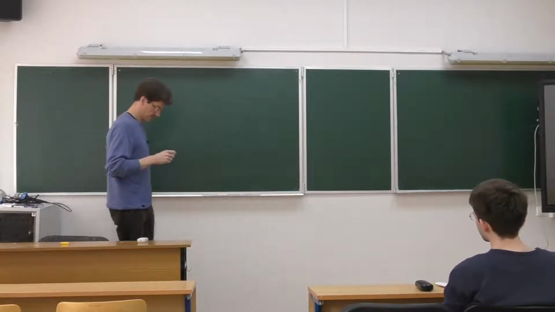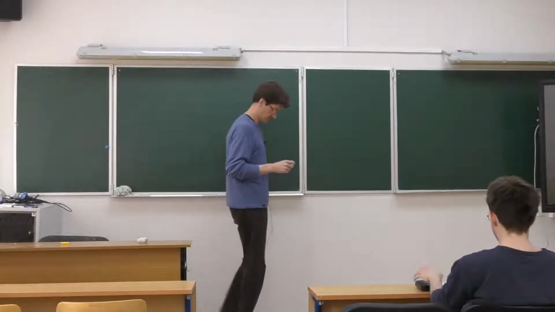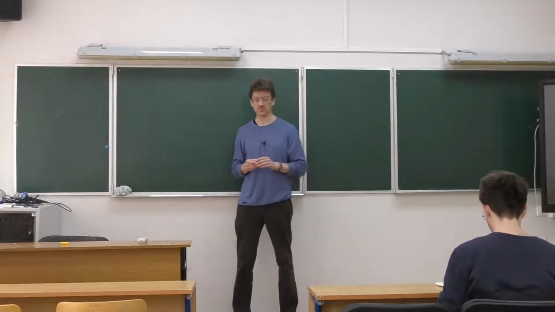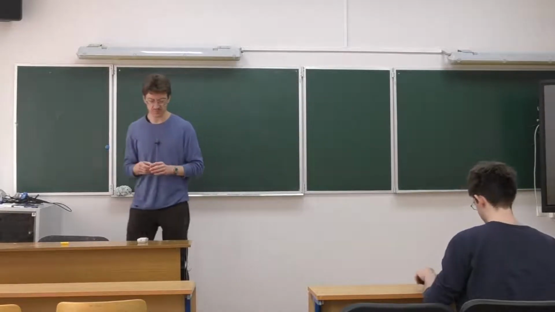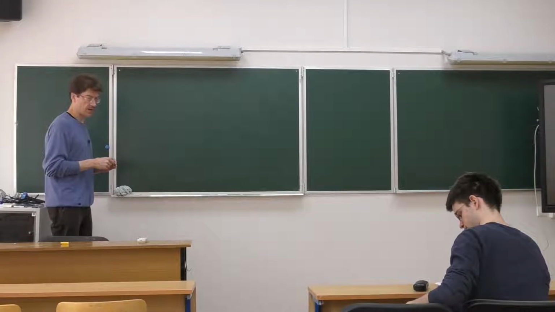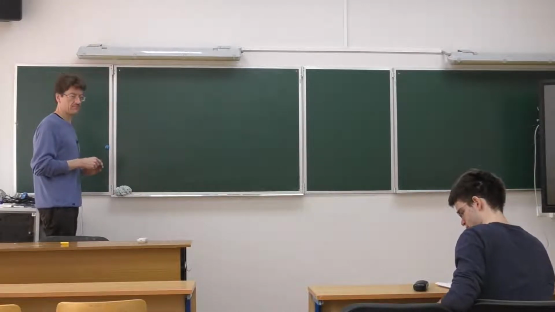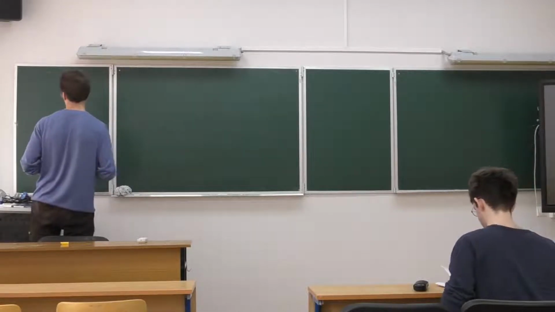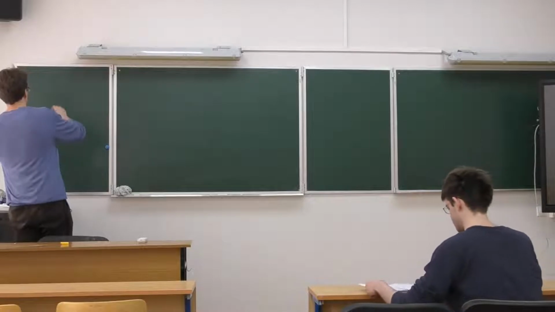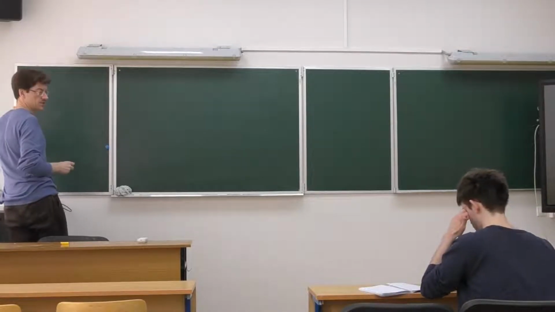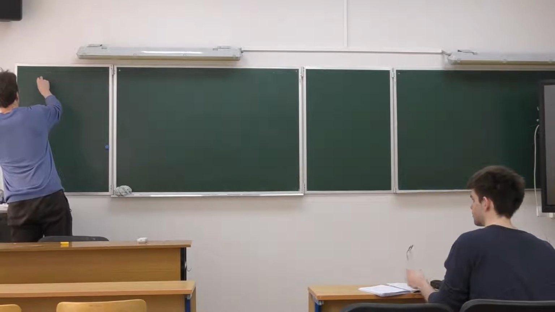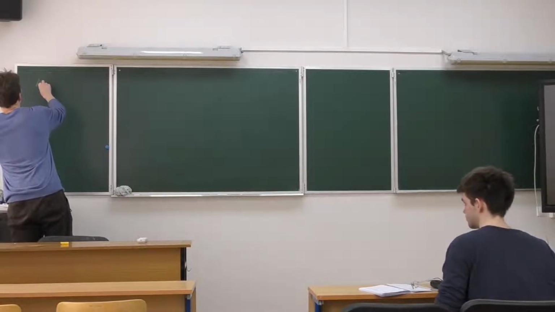Okay, so let's recall that in the previous lecture we discussed the Gelfand transform for commutative Banach algebras. Well, let's recall the main ingredients of the construction. So first of all, for each commutative unital algebra, we can consider two sets.